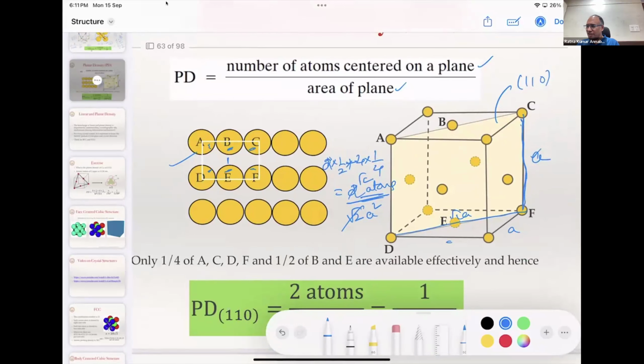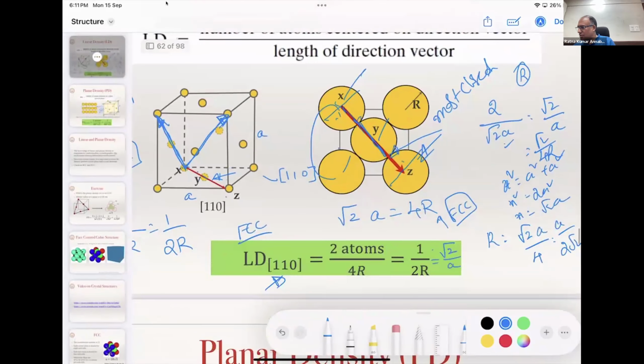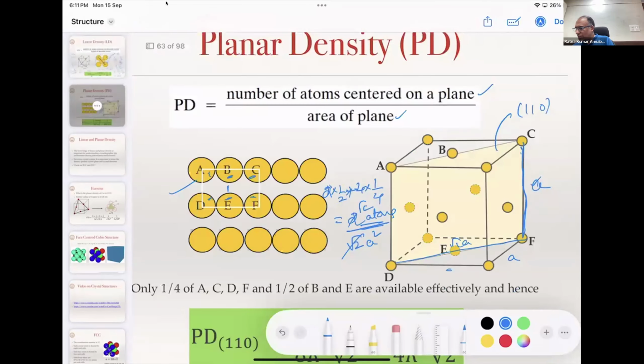What is the a and r relation? We derived previously r is equal to a by 2 root 2, or a is equal to 2 root 2 r. My planar density is root 2 by a square.